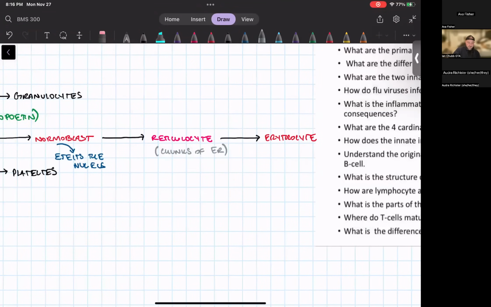And then from there, it's going to mature fully to become an erythrocyte. And at this point, we've entered circulation. So everything on this side is going to be in our red bone marrow. I'm just going to abbreviate to save time. So red bone marrow. And then erythrocytes have now entered circulation.